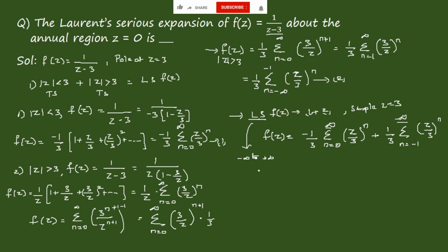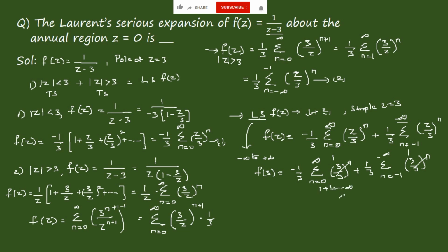When you substitute here z equal to 3, then we get nothing but minus 1 by 3 summation of n is equal to 0 to infinity (3 by 3) whole power n plus 1 by 3 summation n is equal to minus 1 to minus infinity (3 by 3) whole power n. So this one becomes 1, this one also 1, right? Again you'll be adding from 0 to infinity, so it becomes 1 plus 1 plus so on until infinity.